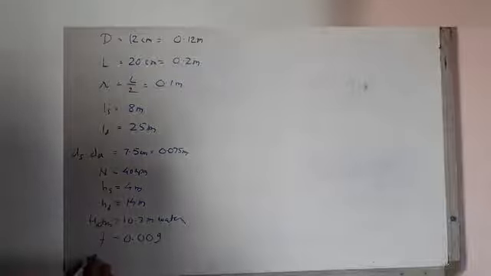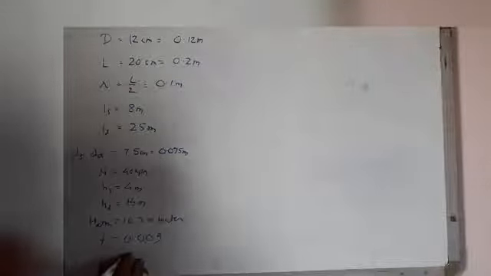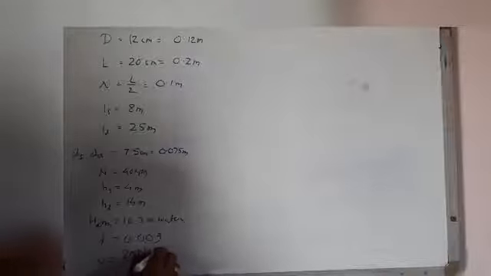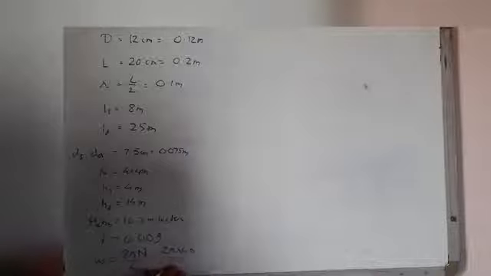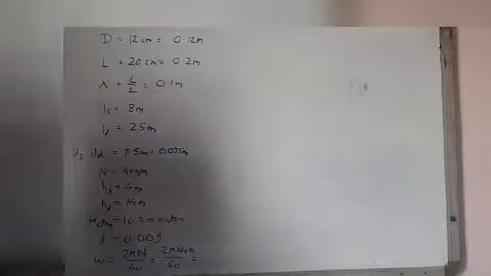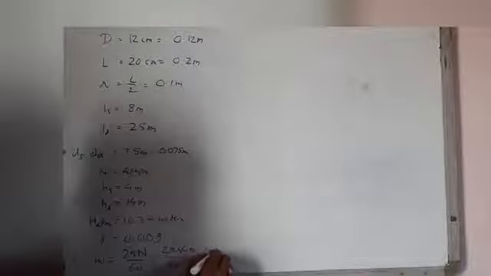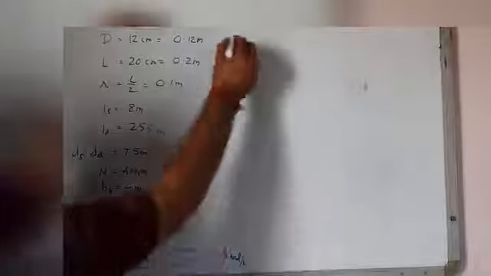This is given, and as we know, omega equal to 2 pi N by 60, so 2 pi into 40 by 60, so the value of omega is 4.188 radian per second.